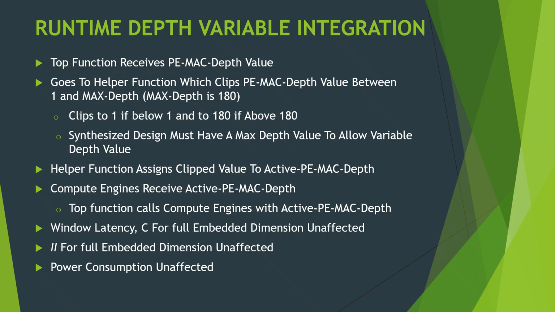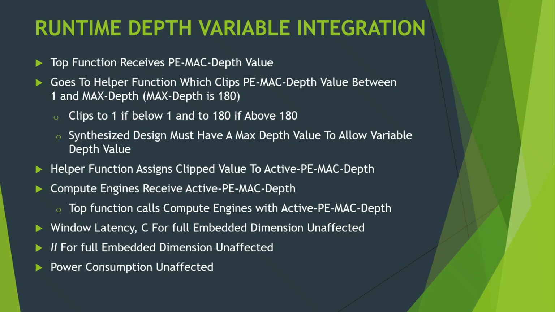So once the helper function knows the value to run, it sends it to another variable called the active PEMAC depth. The active PEMAC depth is the one that the top function calls the compute engines with.